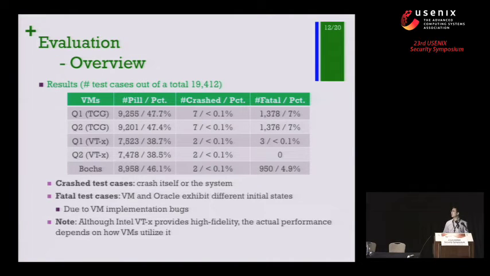And in the final column, which is the fatal test cases, this means that in these test cases, the virtual machine and the Oracle give different initial states for the test case. So we cannot use them for final Cardinal Pill comparison. Please note, although Intel VT-x provides high fidelity, the actual performance still depends on how the hypervisors use this hardware assistance.